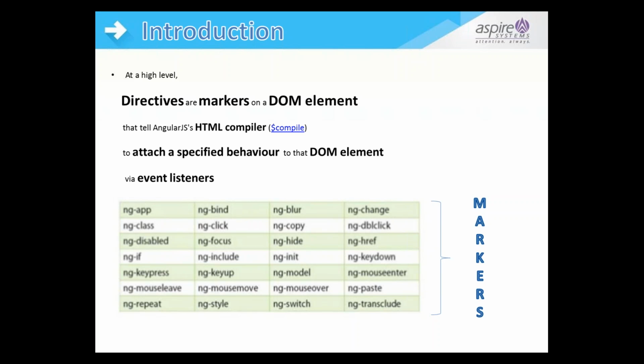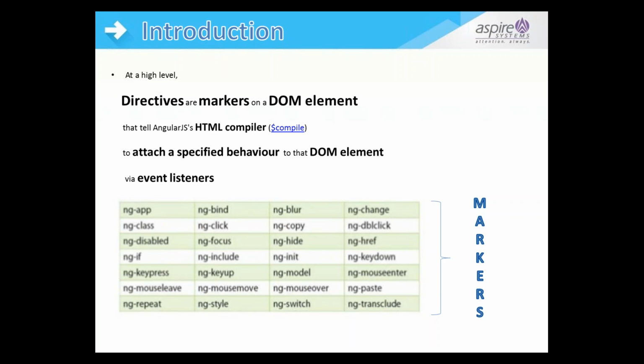Okay, that's what it says. Directives are markers on a DOM element. This is a DOM element. This is a marker that tells AngularJS HTML compiler it is going to communicate with your AngularJS to attach a specified behavior. What I said here, till before I keep that marker, it's a static text. But the moment I put a directive marker, it is going to tell the compiler of AngularJS to do something, to change its behavior.